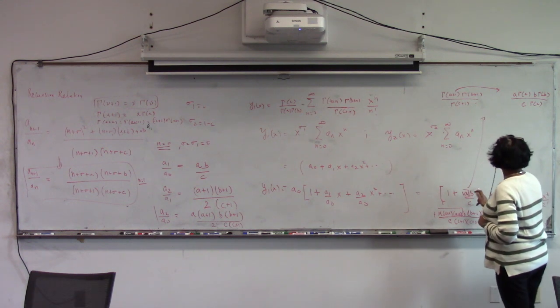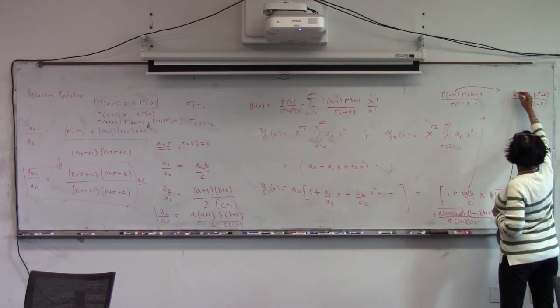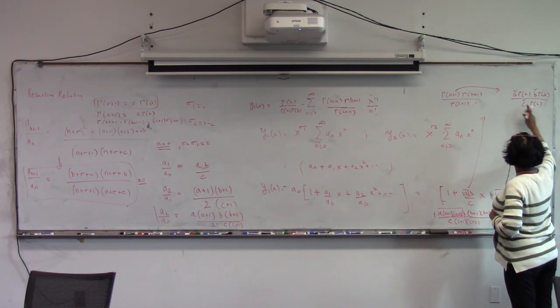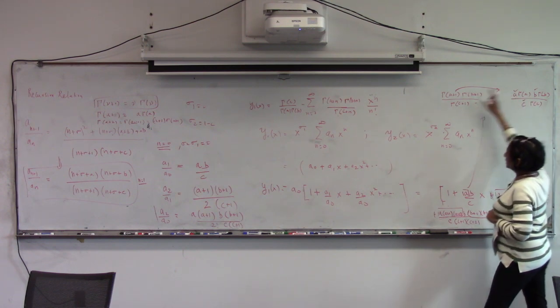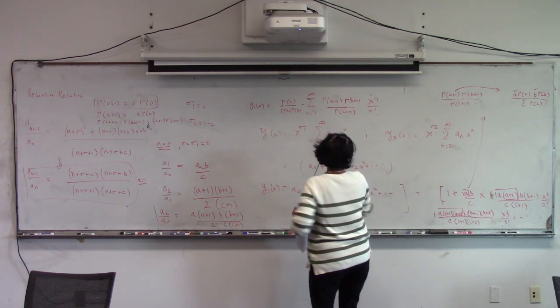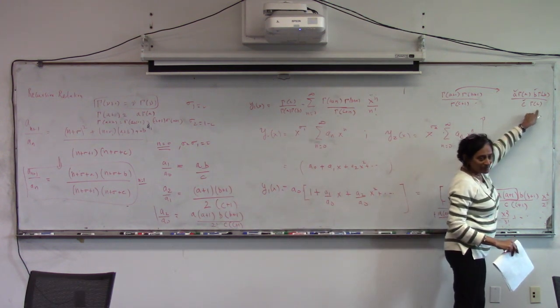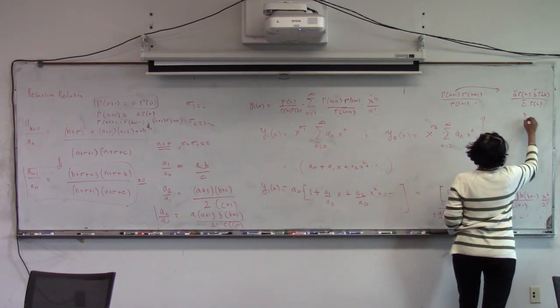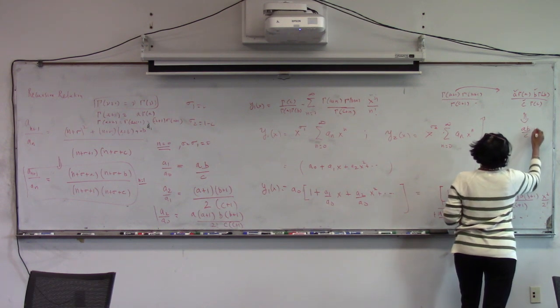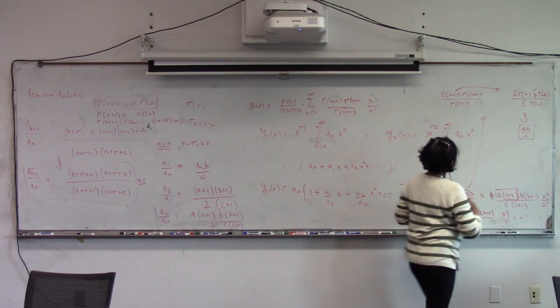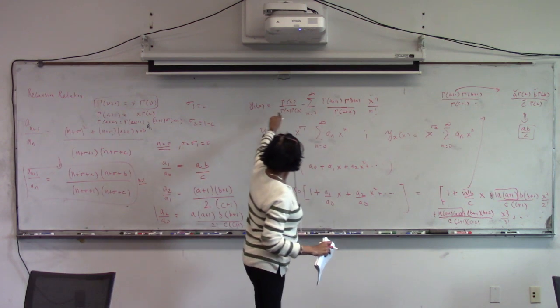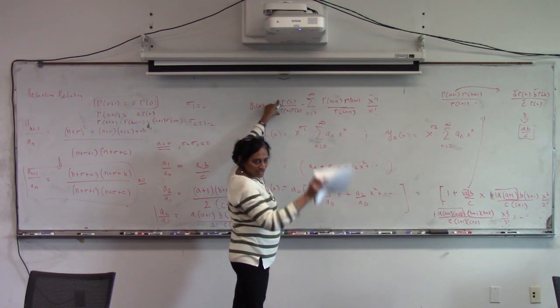And I need ab over c, that's all I need. So I'm just trying to reverse, multiplying by gamma c over gamma a times gamma b, so that becomes ab over c. That's why I have that prefactor, which is the inverse of that.